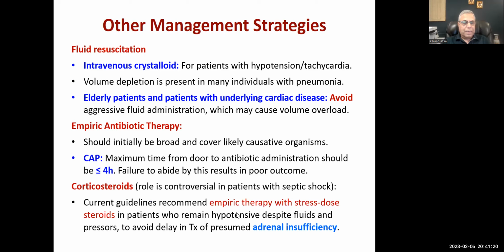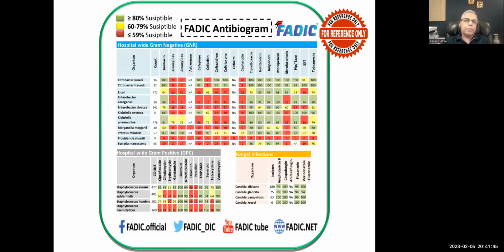Current guidelines recommend empiric therapy with stress dose steroids in patients who remain hypotensive despite fluid and pressors, to avoid delay in treatment of presumed adrenal insufficiency. So use of corticosteroids, people use that, but it is controversial.